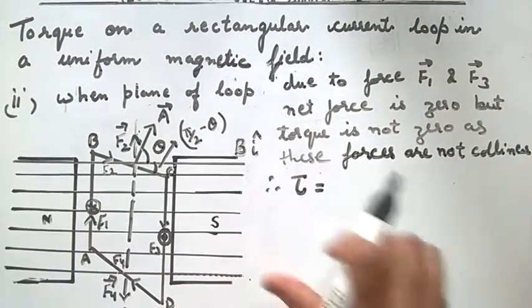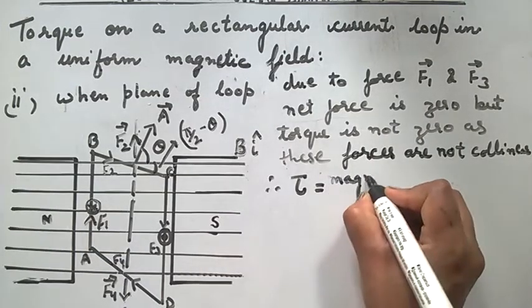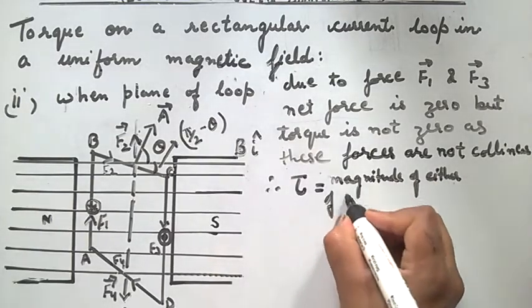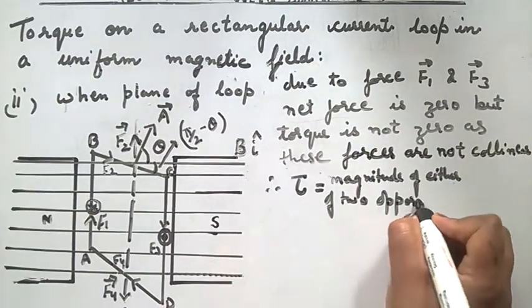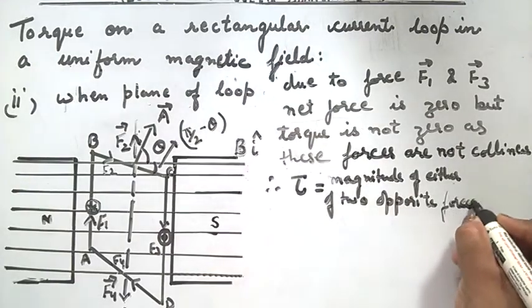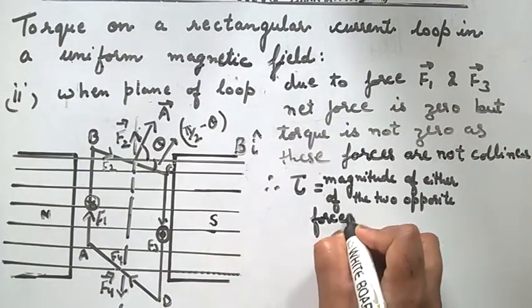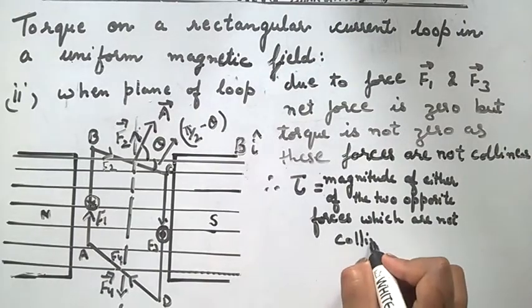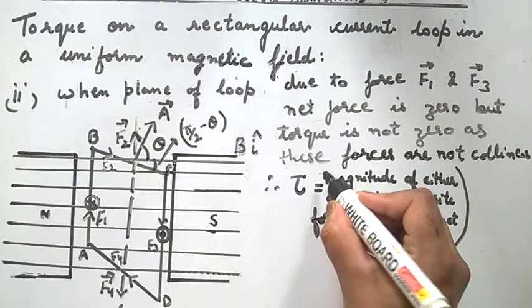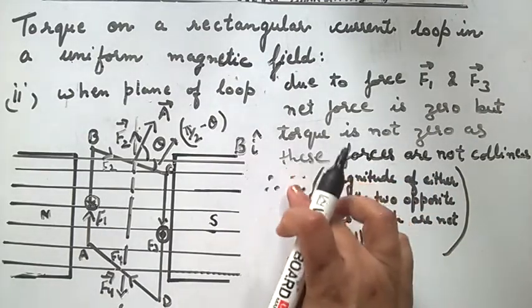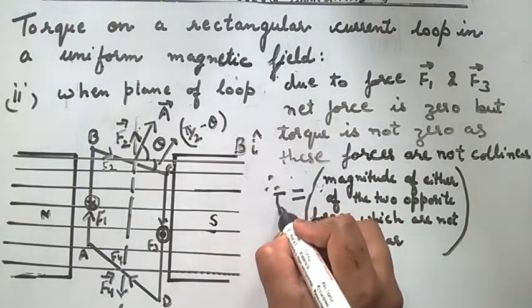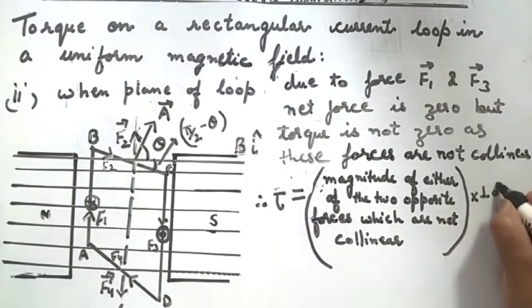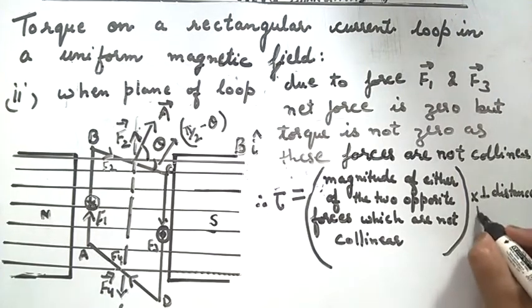It is magnitude of either of the two opposite forces which are not collinear, into perpendicular distance between lines of action.